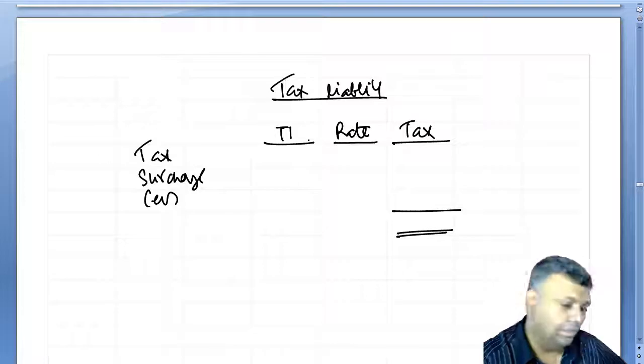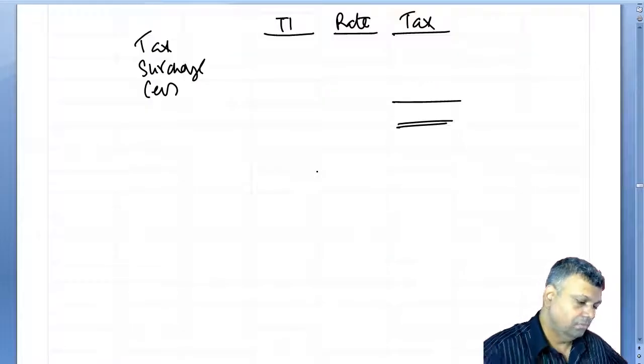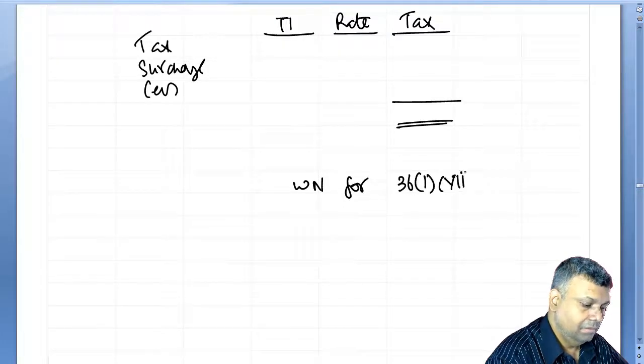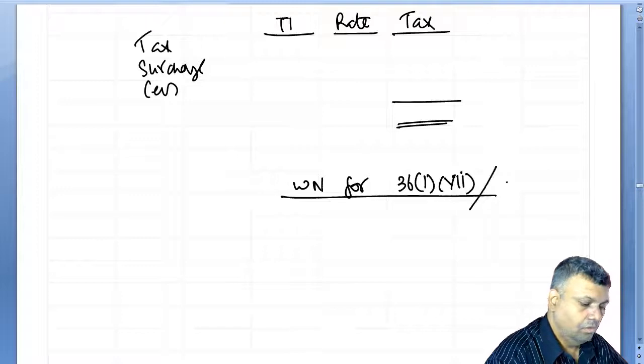And that bad debts calculation, I will do that working note. So 36(1)(vii) or (viia).